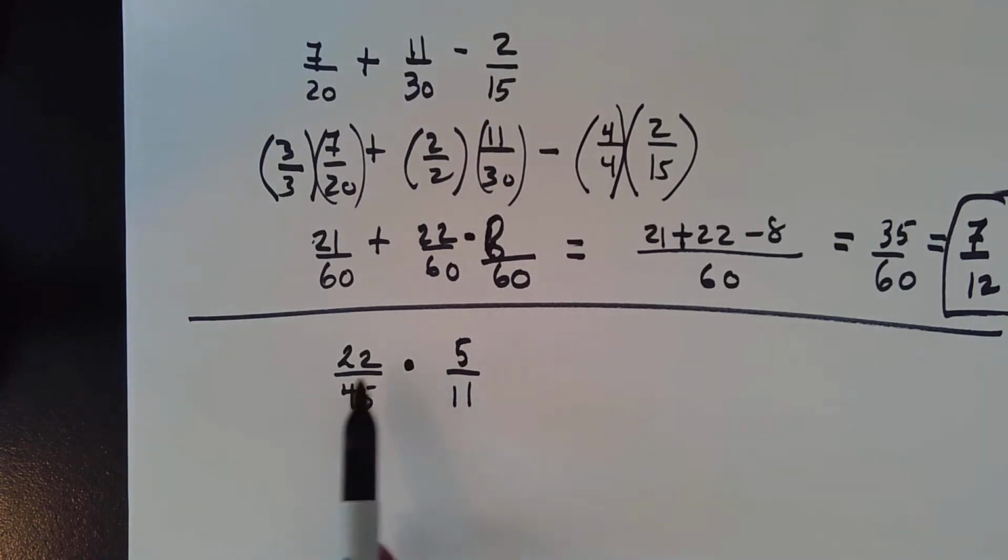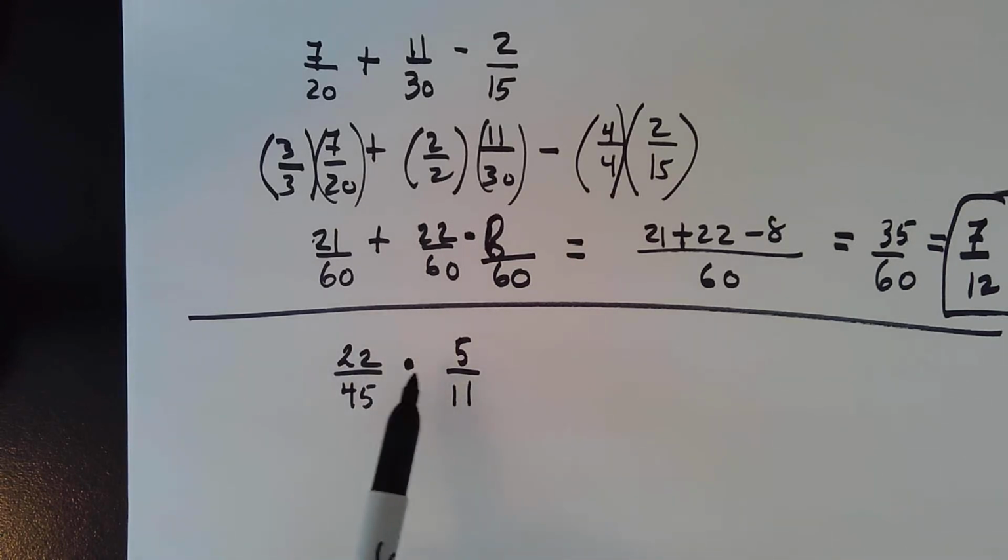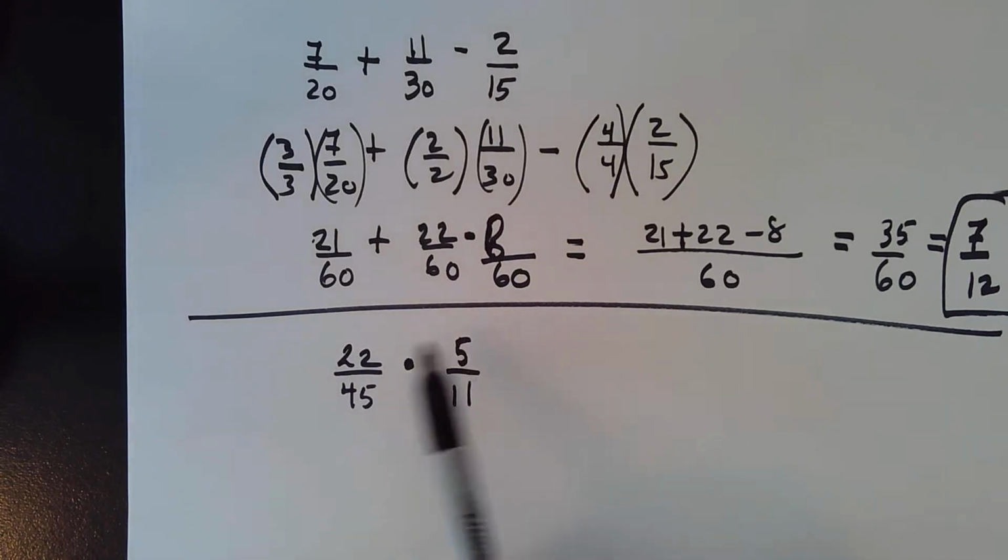continue with the multiplication problem, because the way you multiply fractions is you multiply numerators and denominators, 22 times 5, 45 times 11. But if you can, we can do something called diagonal reduction, which is a process that simplifies a fraction significantly.